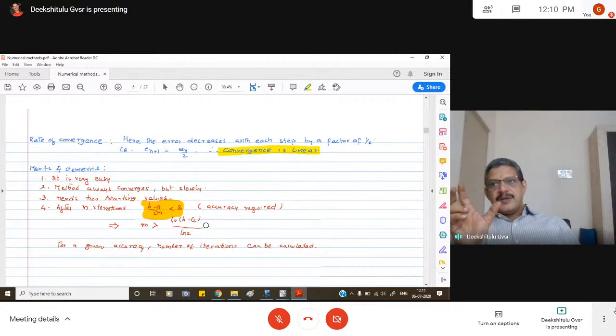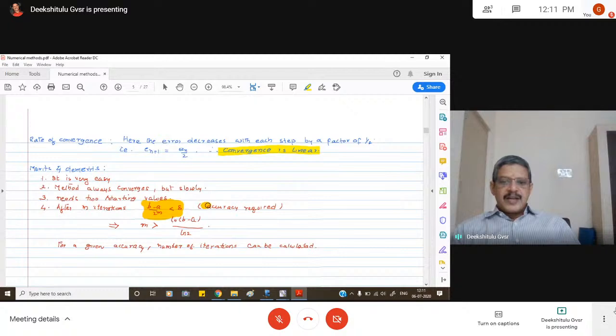That means the length of the interval is first 1, then 0.5. So at each step, the length of the interval becomes half of the previous interval. Second step, another half. So after m iterations, the interval becomes b minus a by 2 to the power m.